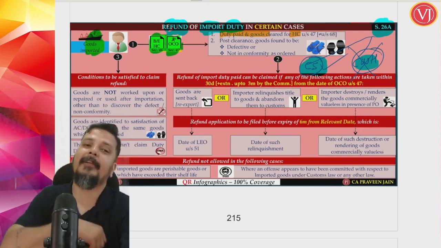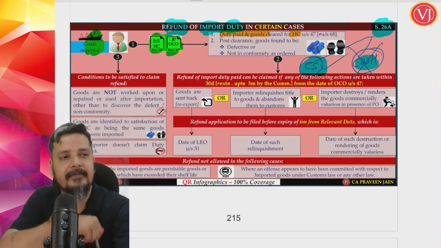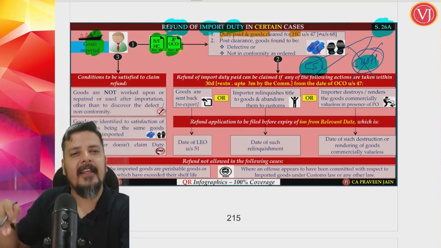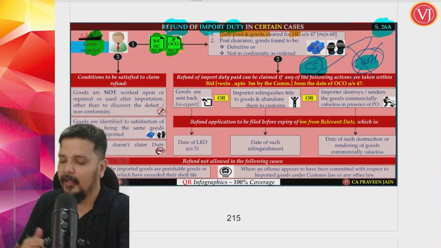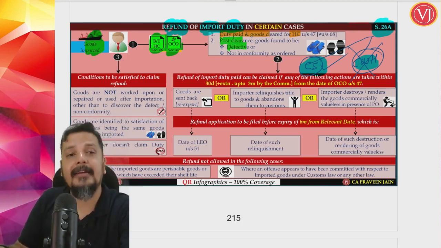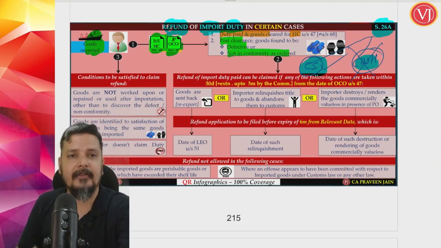But what is happening? There's a problem with the goods which you did not identify at the time of clearance, and practically 26A will be more logical. You might not know the defect. So once you cleared the goods, you found that the goods are defective or not as per your order.